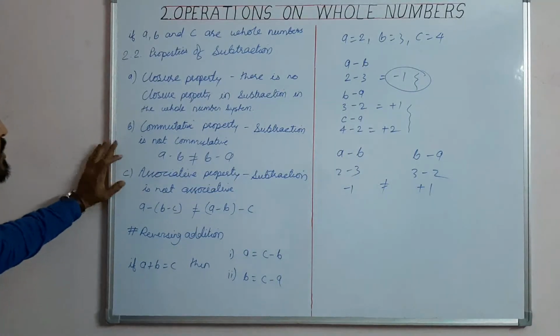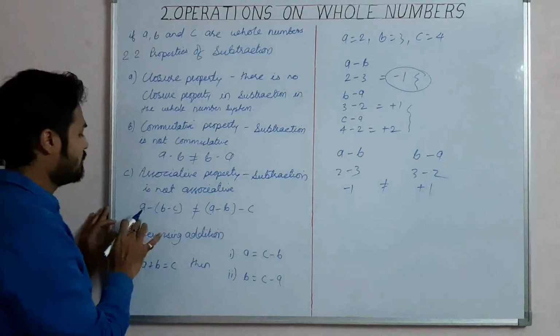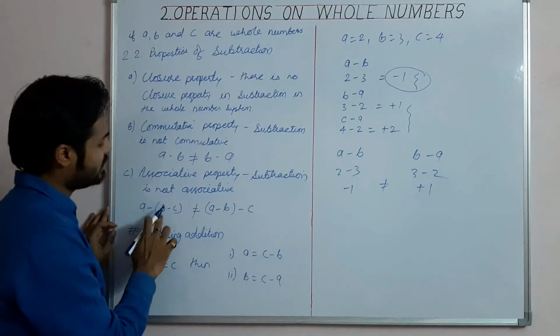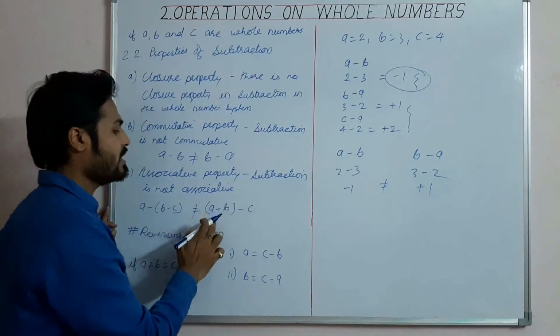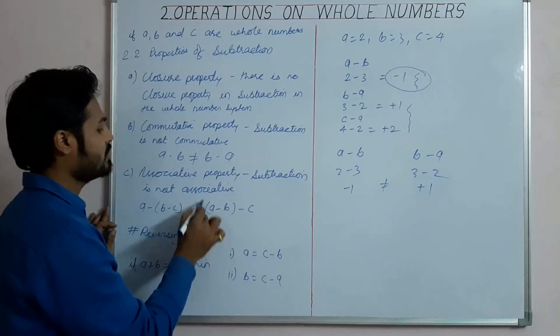Third is the associative property. Subtraction is not associative either. Why? Because if we group A minus B minus C in two different ways, we will not get the same result.